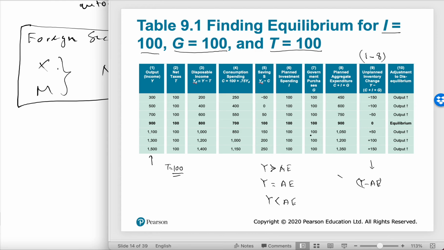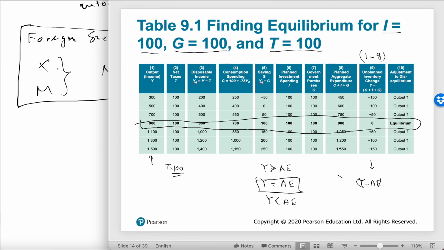And if it is equal to 0, that is our equilibrium. It's going to be exactly equal, and above this level of income, it is negative. So output has the tendency to increase, and below that is the outcome.